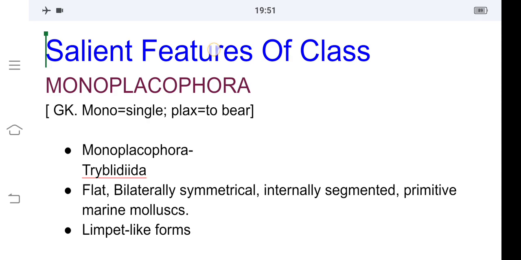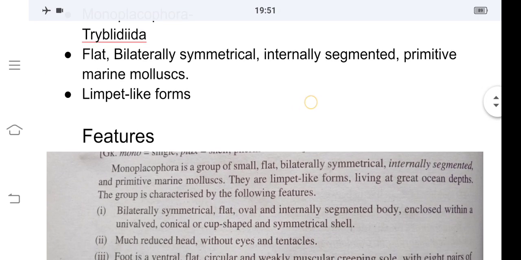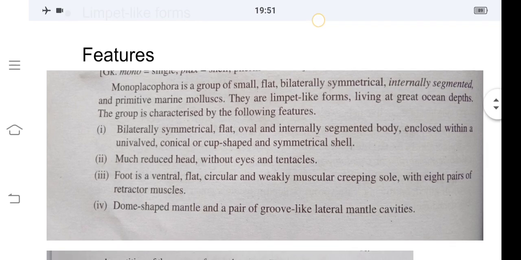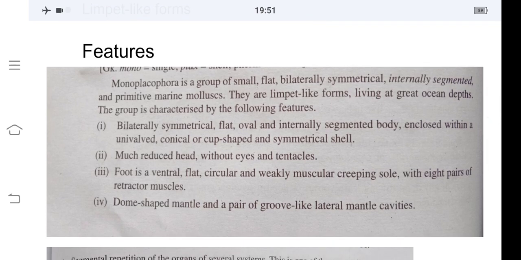Now we can discuss the characteristics of the class Monoplacophora. First, they have a bilaterally symmetrical, flat, oval and internally segmented body, enclosed within a univalved, conical or cup-shaped and symmetrical shell.